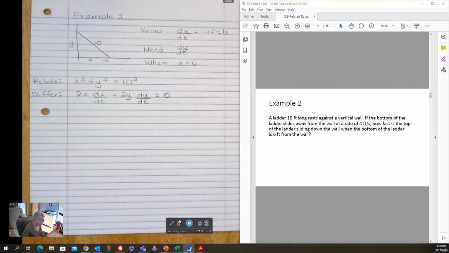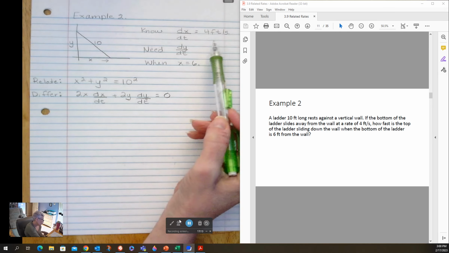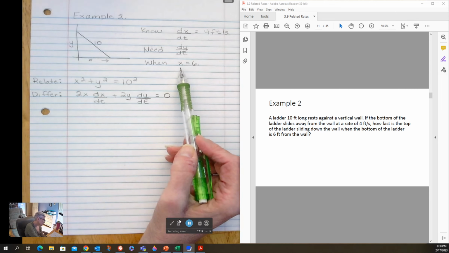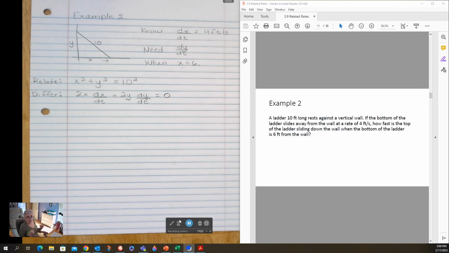So now I know what dx/dt is, and I want to know the answer to this problem when x is equal to 6. So I'm going to draw what I call a when triangle.